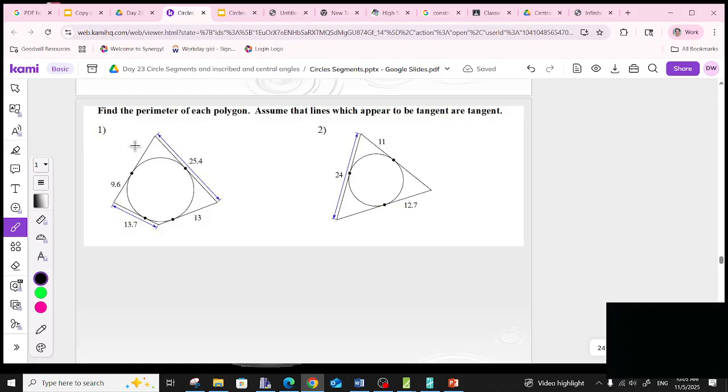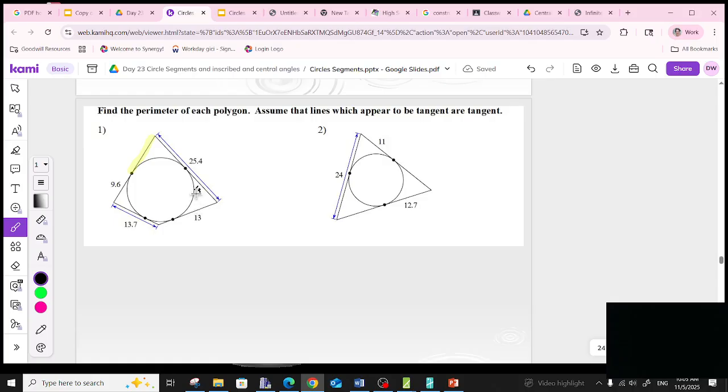Does everybody see that we're missing this piece right here? To figure out what this piece is, I know, because I am smart, and you are smart also, that if this is 13 here, then this piece is 13, right?